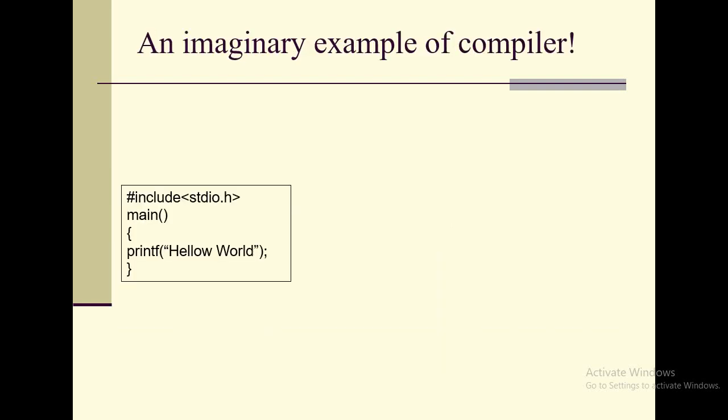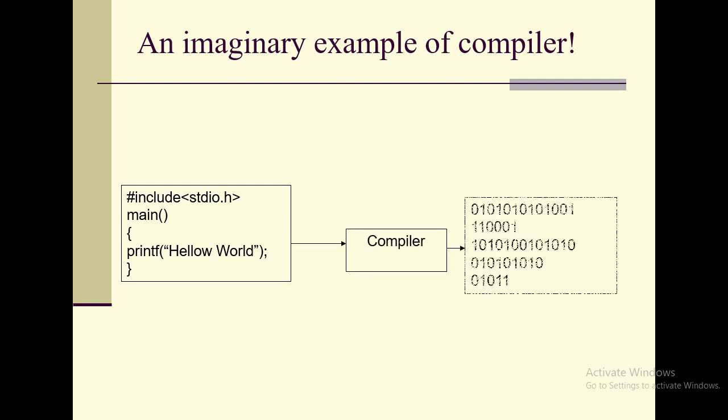First we see some examples. It's an imaginary example, not a real life example. Here we see a program written in C programming language. There are 3 or 4 lines, and the compiler, that is a translator program, will convert this program into binary form at once, all together. So from this example we come to know the compiler will convert the whole program at a time.